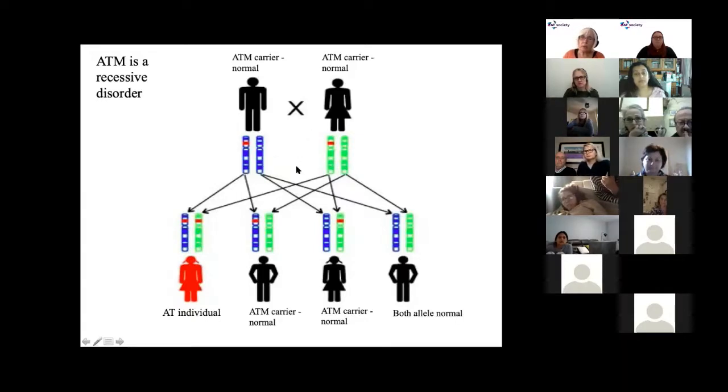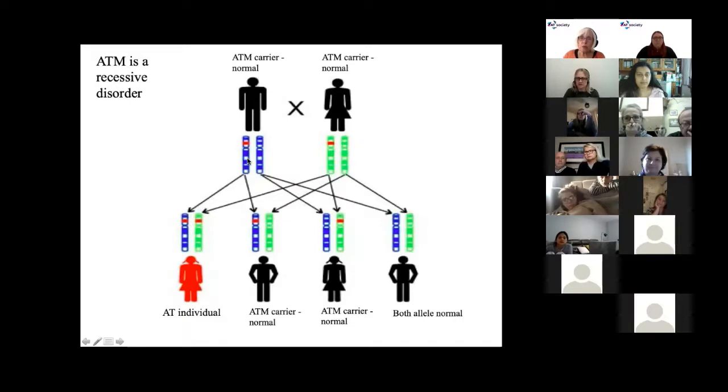And when you make your egg or your sperm cells, you only land up with one of these copies. It's slightly different to the normal divisions in a cell, but with these type of divisions, you land up with just one. The egg has one chromosome, and it could be either one of the chromosomes, and the same for the sperm.